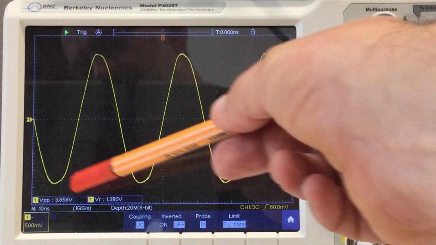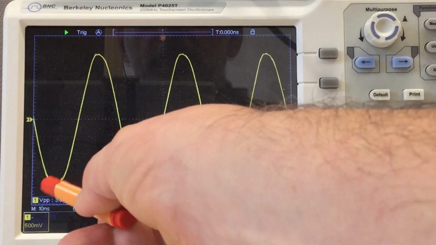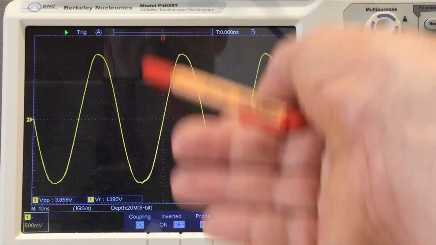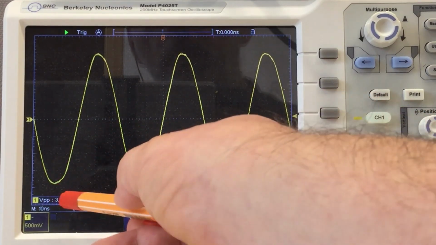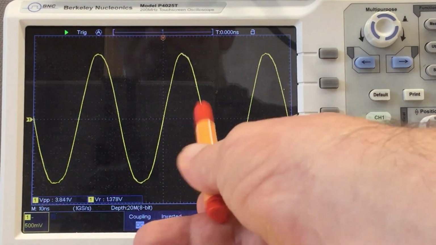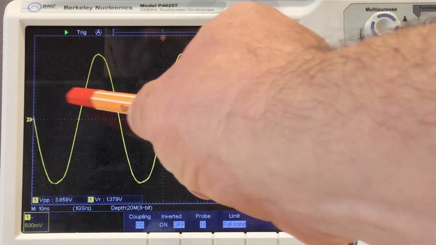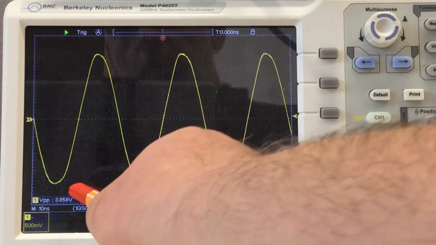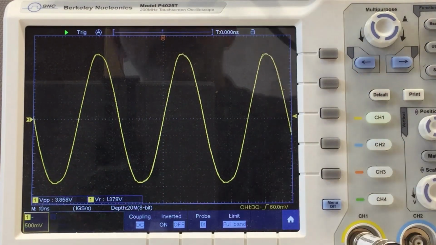We should have 5 volts here. But this is just within the industry accepted 3 dB dampening, which would be about 3.5 volts. But anyway, let's see how far I have to turn down the frequency so we actually get 5 volts peak to peak.